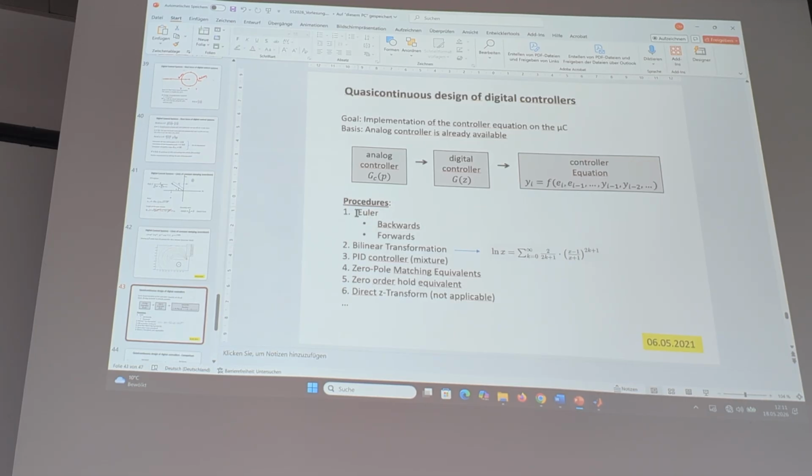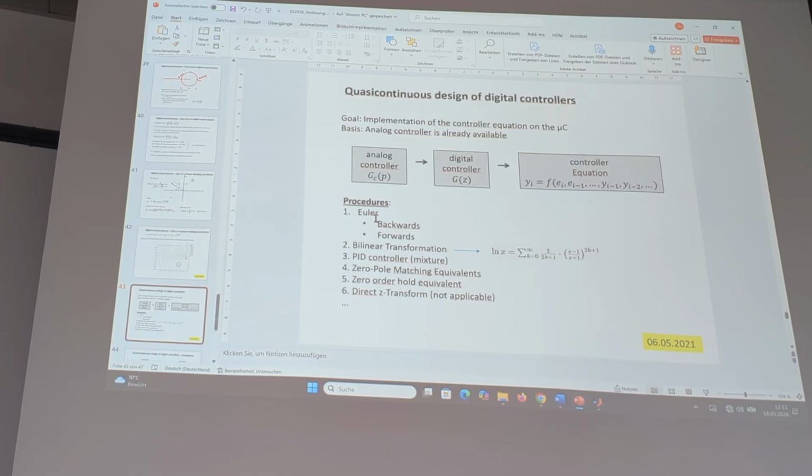So there are quite a lot of different procedures to get from the continuous case to the digital case, if the condition is fulfilled that the sample time is small enough compared to the smallest time constant in your system.